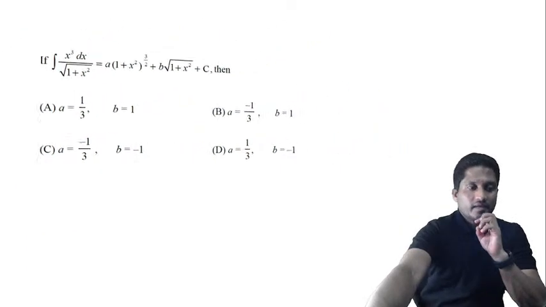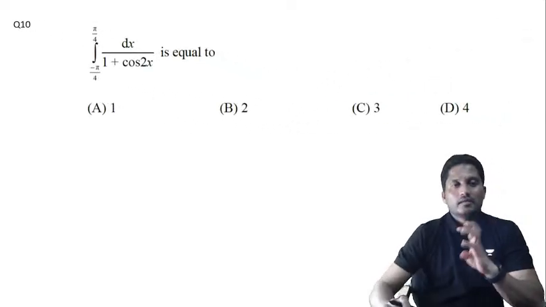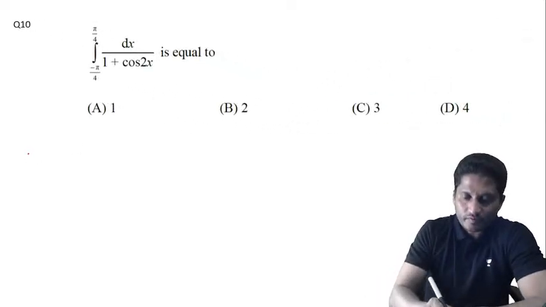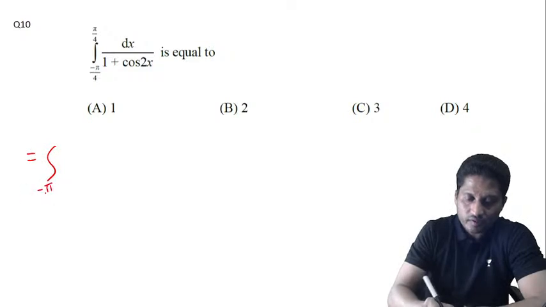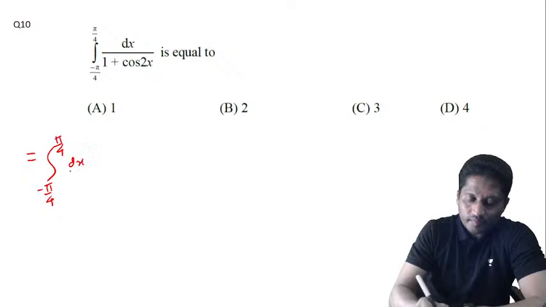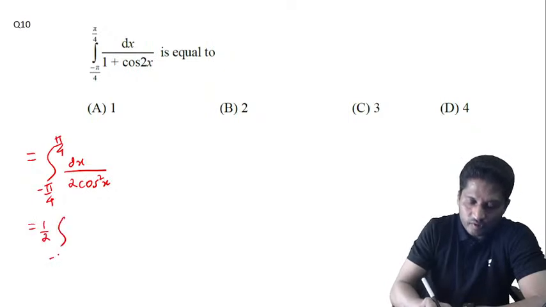Right. Question number 10. The minus pi by 4 to plus pi by 4, right? So this is minus pi by 4 to plus pi by 4. Dx upon 1 plus cos 2x is 2 cos square x, right? So this is equal to half of minus pi by 4 to plus pi by 4.